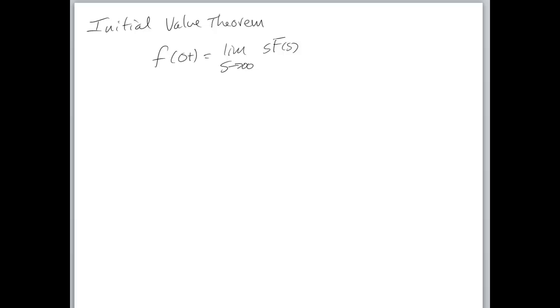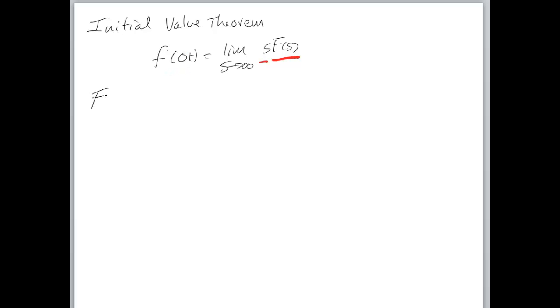With most of the functions that we've looked at, we had them turn on at some time t equals 0. So we're saying, what is that value slightly after t equals 0? To find this initial value, we take the Laplace transform of our function and multiply it by s. Then we take the limit as s goes to infinity, and whatever the value is when s goes to infinity, that is our initial value.